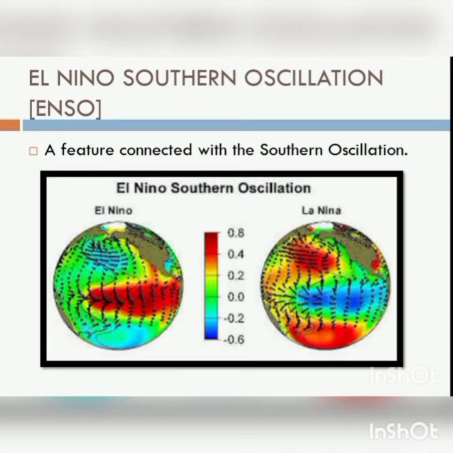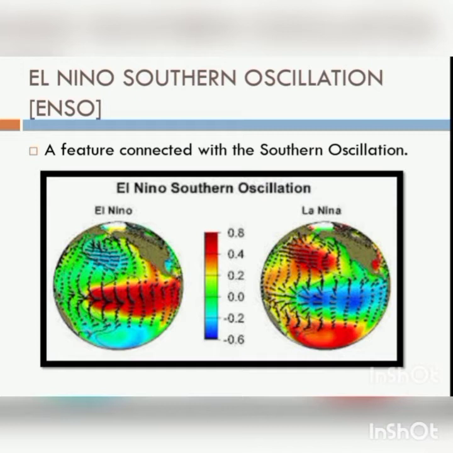El Nino, the southern oscillation. The El Nino phenomenon is a feature connected with the southern oscillation. In this, a warm ocean current flows past the Peruvian coast in place of the cold Peruvian current.